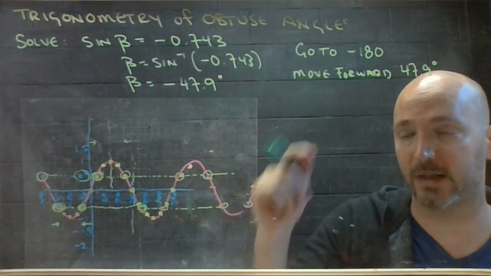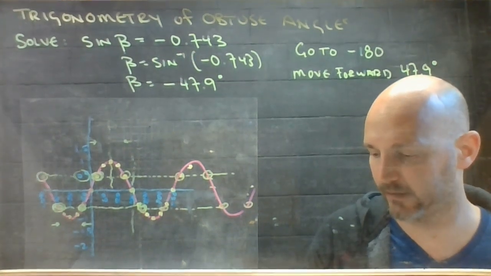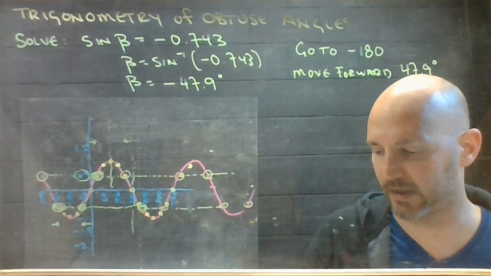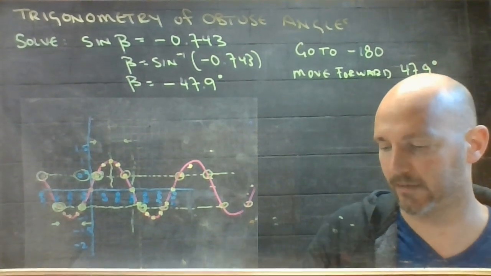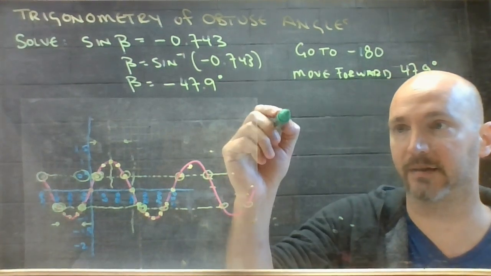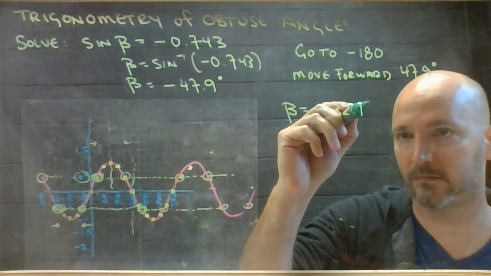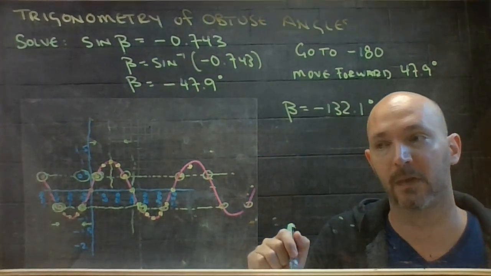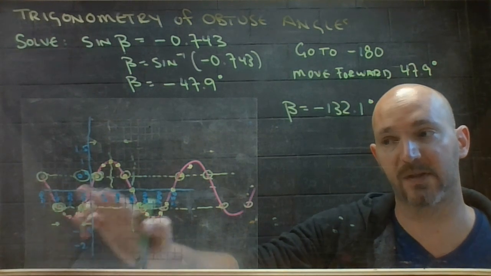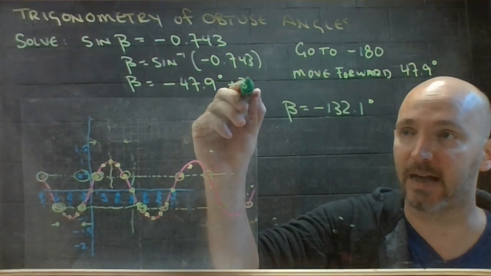So negative 180 plus 47.9 gives me negative 132.1 degrees. And then I just have to acknowledge that these solutions repeat every 360 degrees. I tack that on the back.